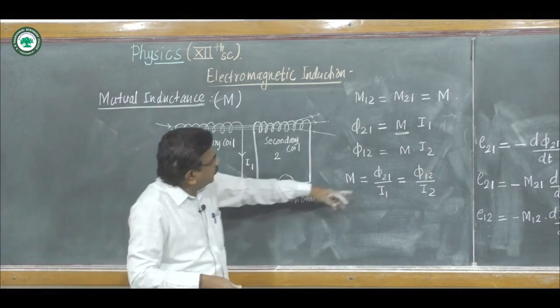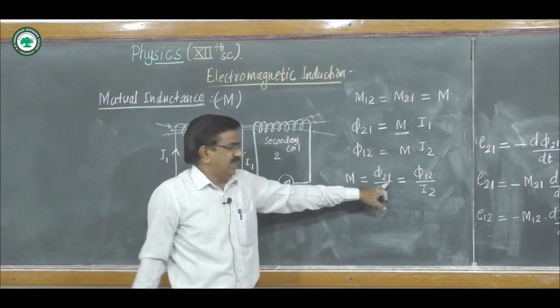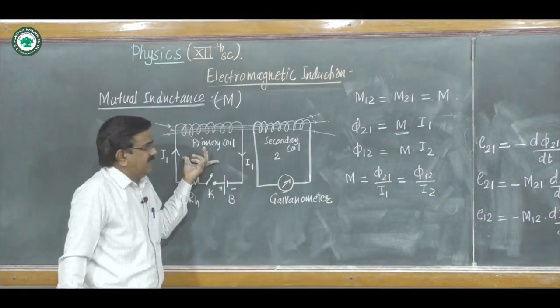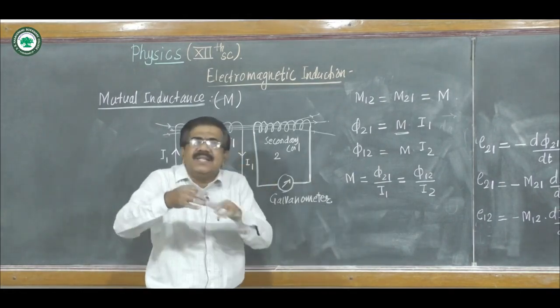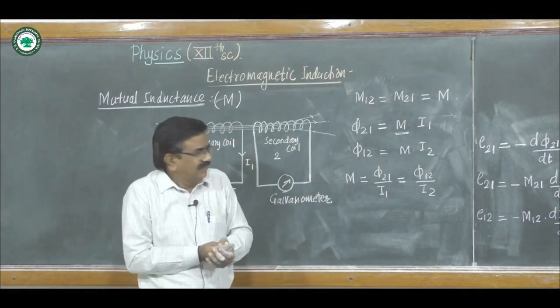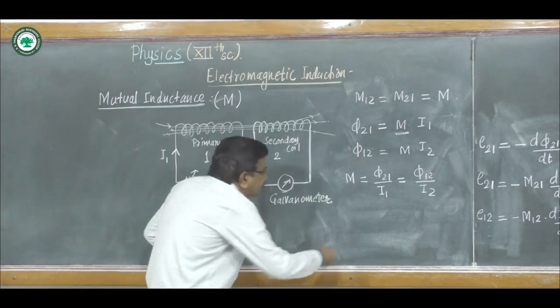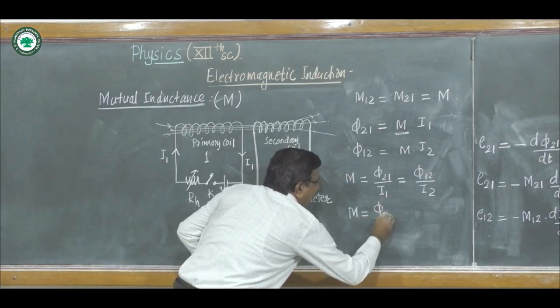But what is this Phi21? Flux in the secondary coil. If the primary coil is this first, and this I1 is current in the primary, so we write this as M is equal to phi s upon IP.